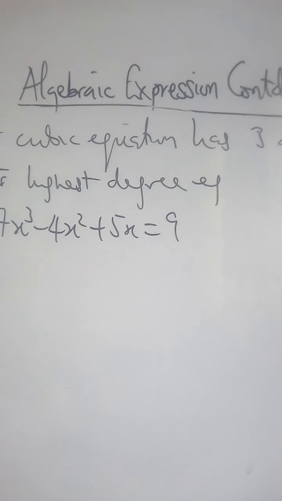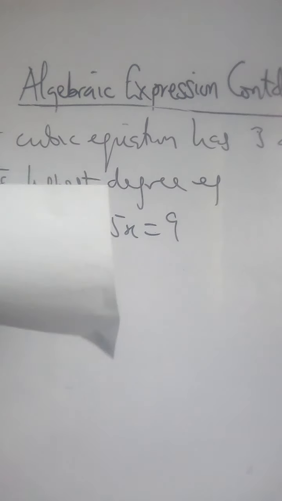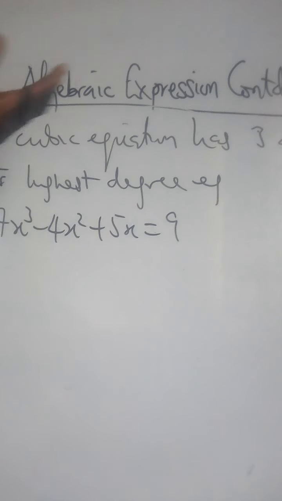In this example, 3 is the highest degree, so this equation is called a cubic equation. You can also have equations with degree more than 3. We have equations that have degree 4, we call it a quartic equation. We have the one that has degree 5, a quintic equation. We have so many of them.